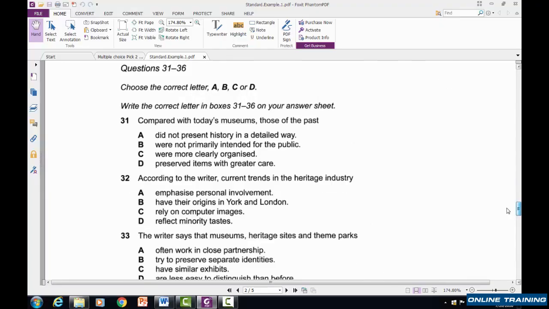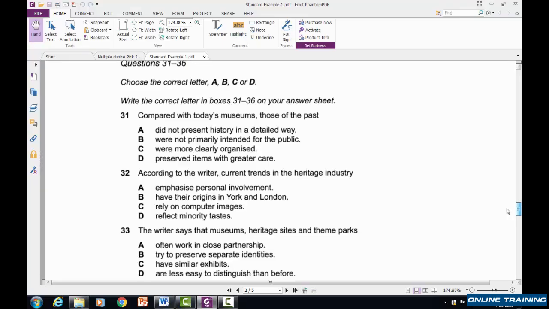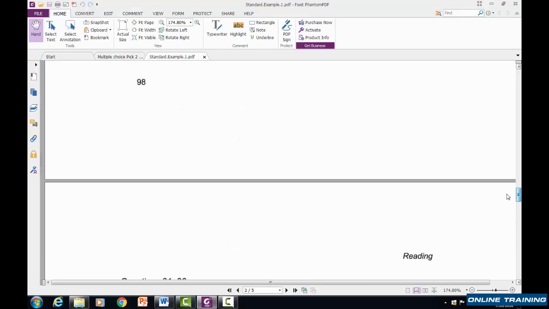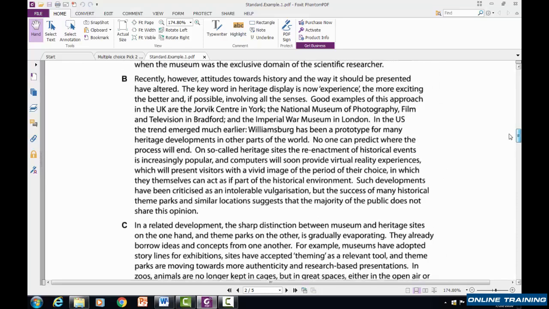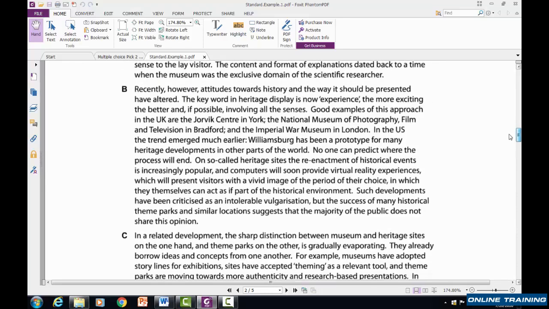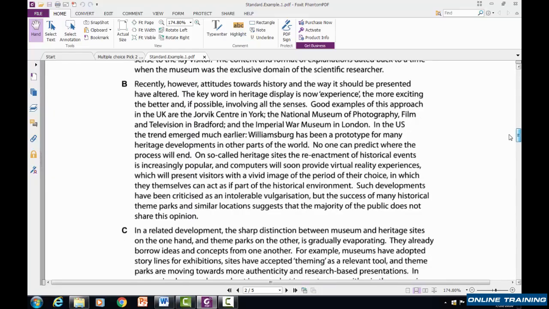Current trends in the heritage industry. Current trends.